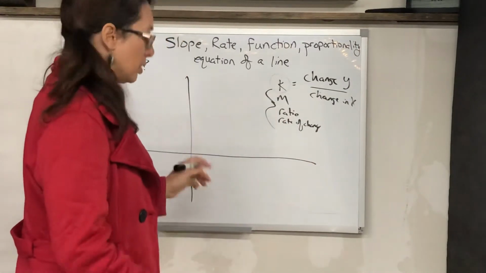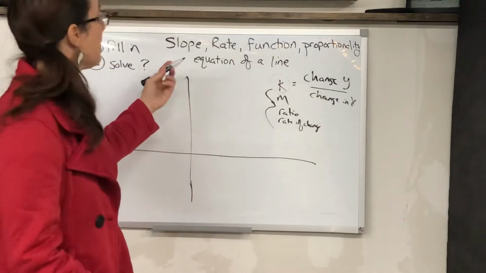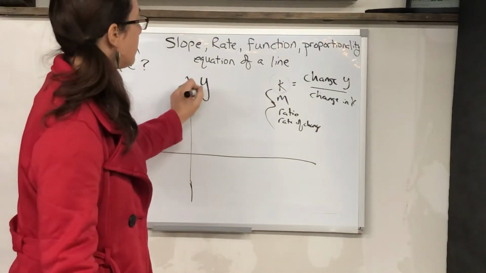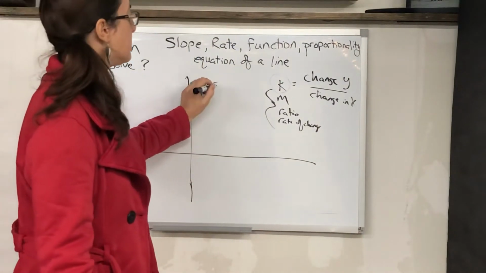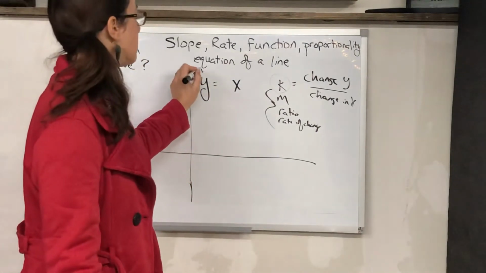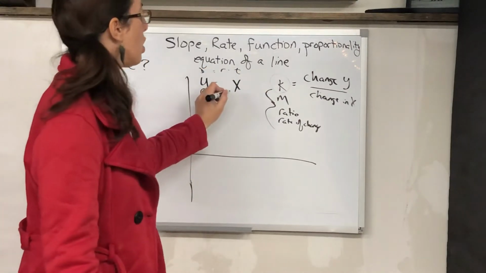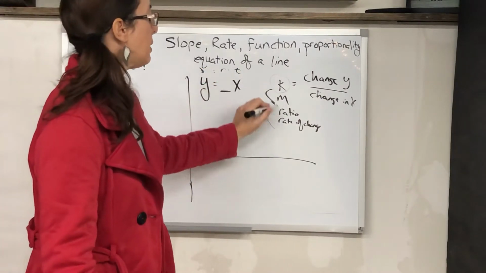Okay? So when we make it into an equation where one of our variables is dependent upon the other variable, remember distance equals rate times time. Okay? Our rate here can be any of these things.